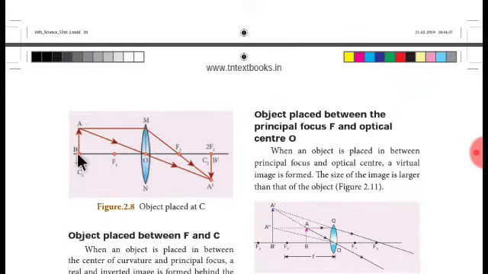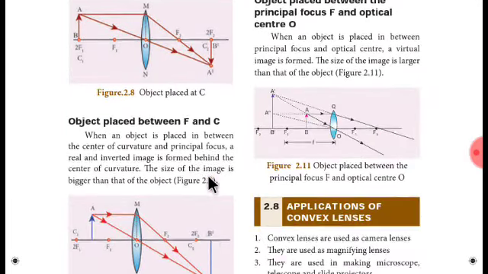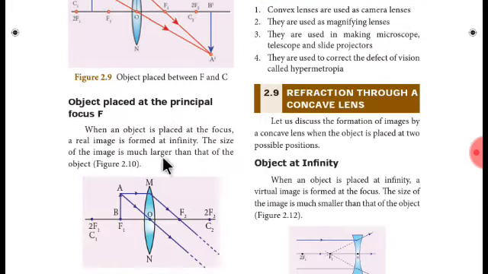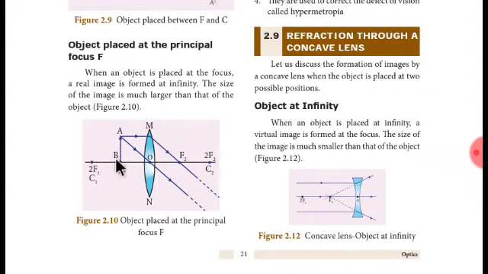Then object kept at center of curvature and image is also formed at center of curvature. And then object is kept between center of curvature and focus, and image is formed behind center of curvature, the vice versa. Then object is kept at focus, image is formed at infinity.